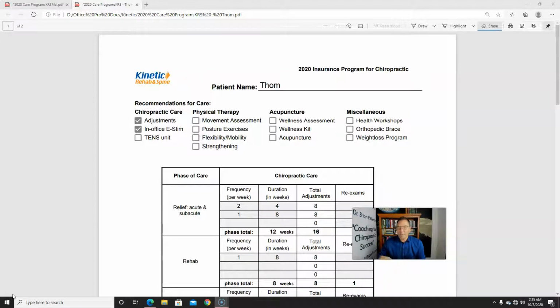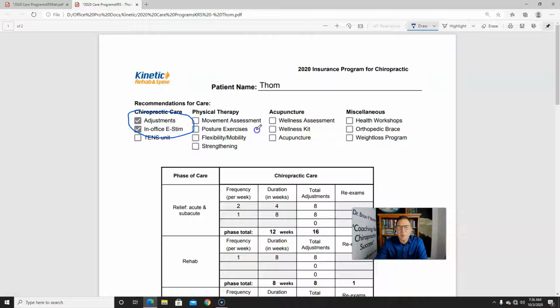So at the top, here's what you check off. Now remember, this is something that you have discussed with the patient already. So this particular patient is asking for this. You recommended that. If we wanted other things in the care plan, we would have discussed this with the patient before we go over this plan, which is a very important part of this, right?